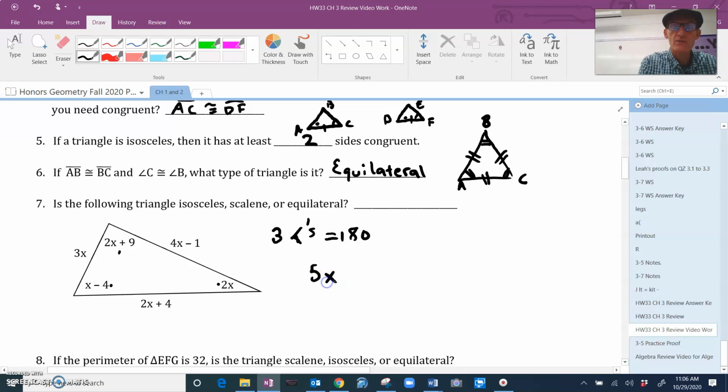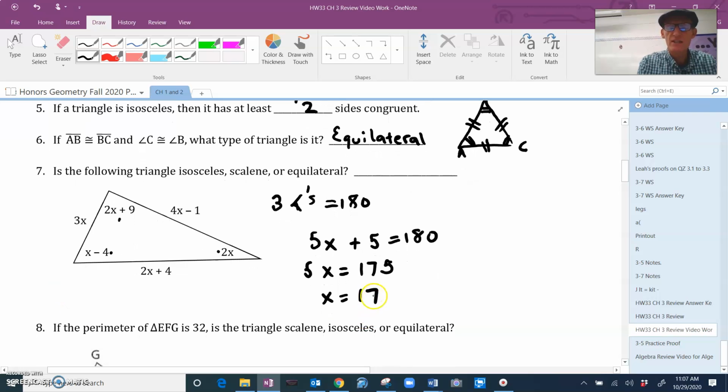So 5x, and 9 minus 4 is 5, so plus 5 equals 180. So 5x equals 175. So x is equal to 5 goes into 175, 17 times. So x is 17.